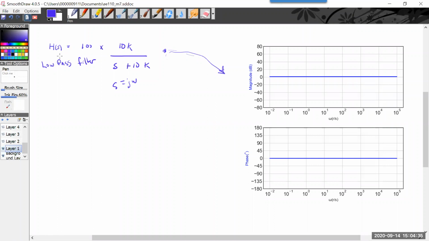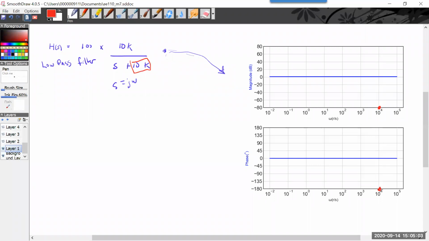So you're going to be doing these by hand, so you have to know how to scale your axes properly. And that's relatively easy in this problem because the pole is minus 10K. That means we're going to have a feature at 10K, so something here and something here.